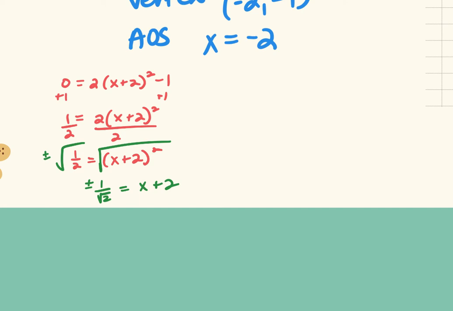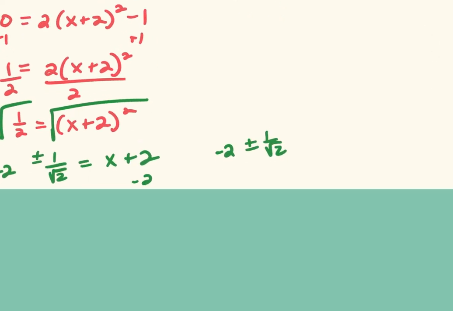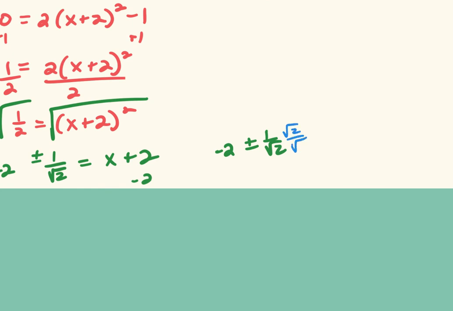It is not. So I'm just going to subtract the 2, and I'm going to say that my x-intercepts are negative 2 plus and minus 1 over root 2, which gets rationalized to root 2 over 2.